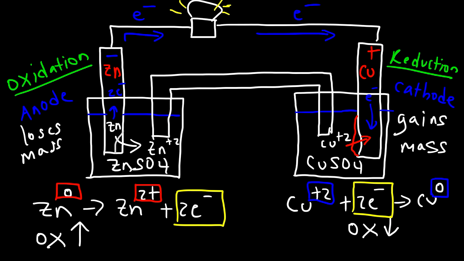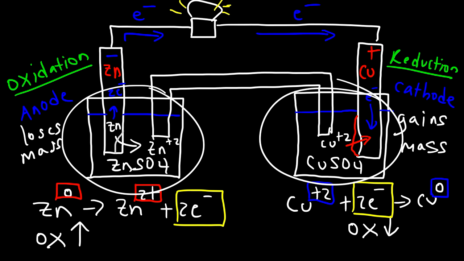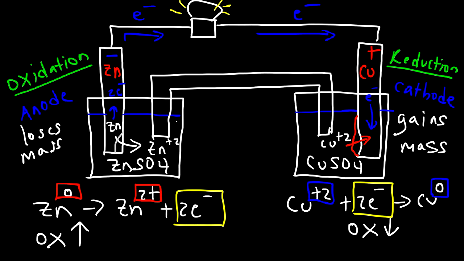So as electrons flow from anode to cathode, this solution becomes negatively charged and this becomes positively charged. To relieve the positively charged nature of this solution, the ions are going to flow through the salt bridge to the other solution. So the zinc cations are going to flow towards the cathode. Cations, cathode, makes sense?